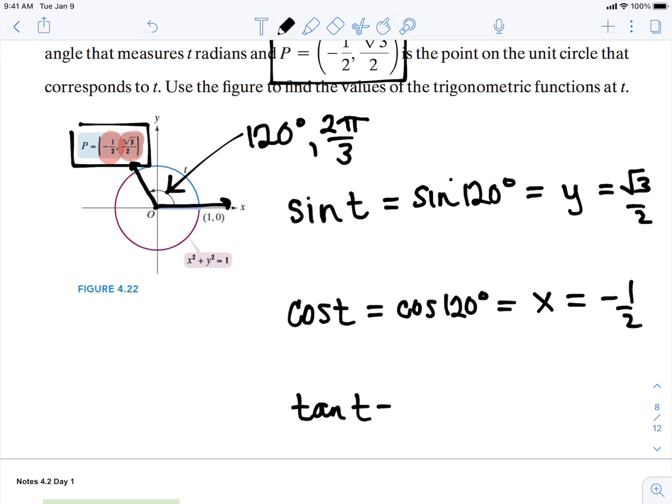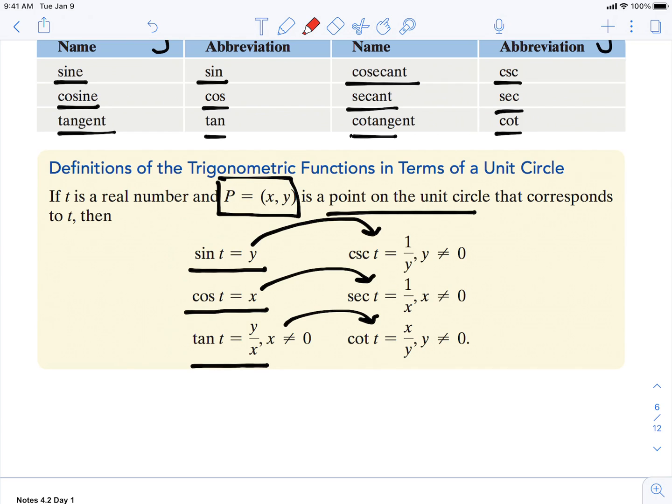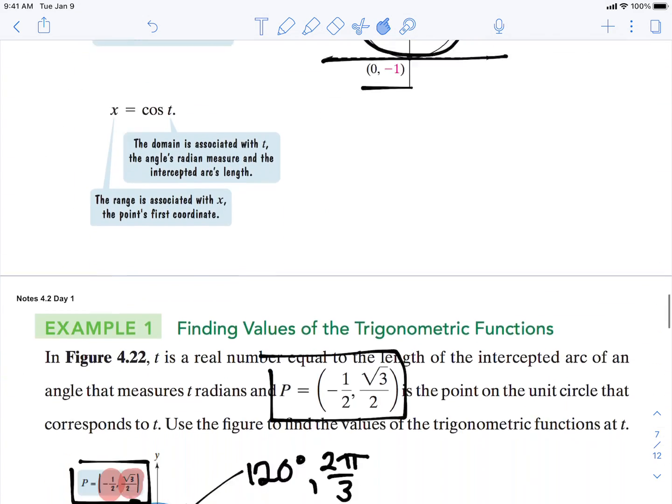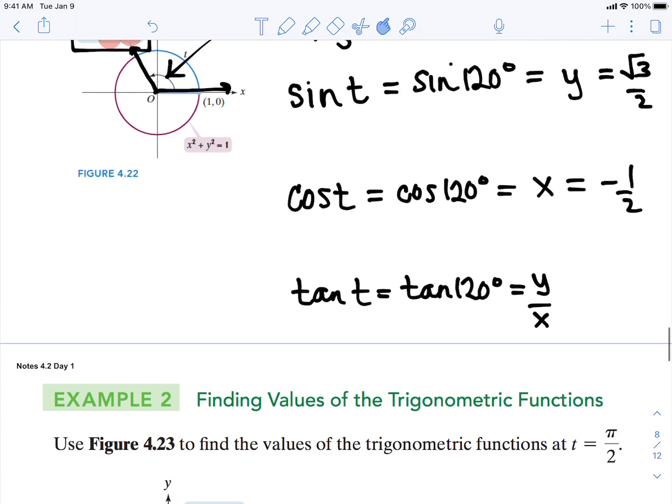The tangent of t, so the tangent of 120 degrees, from our yellow box right here, is taking the y divided by the x of the ordered pair. So we have to take y and divide it by x. So we have square root of 3 over 2 divided by -1/2.